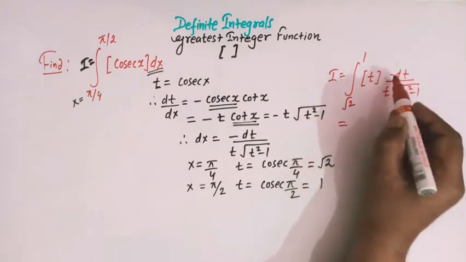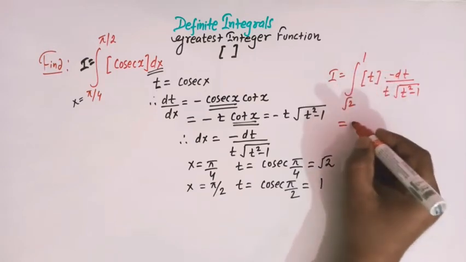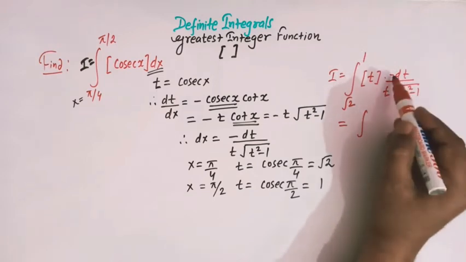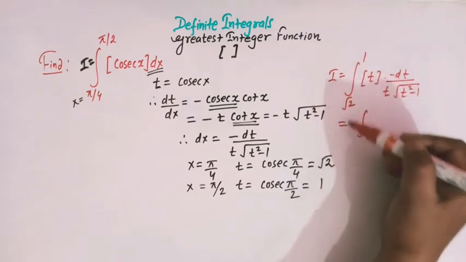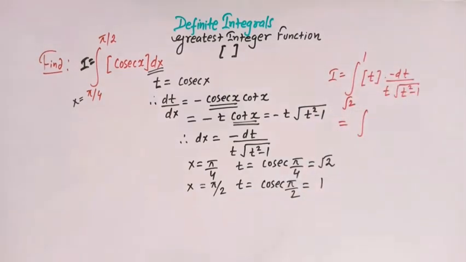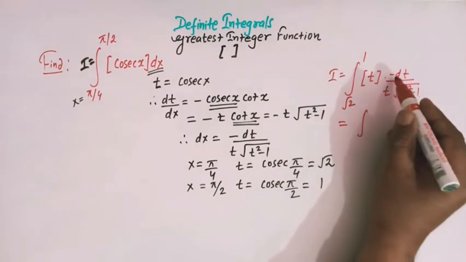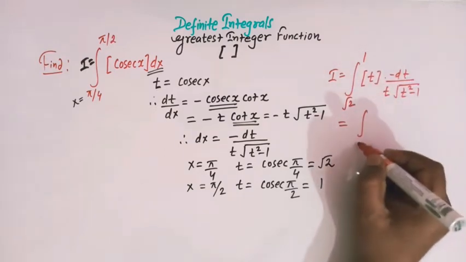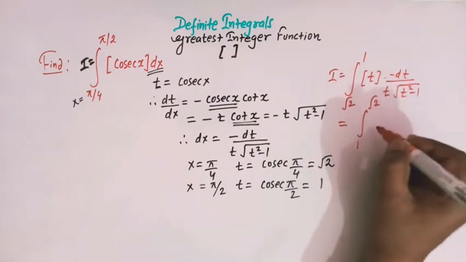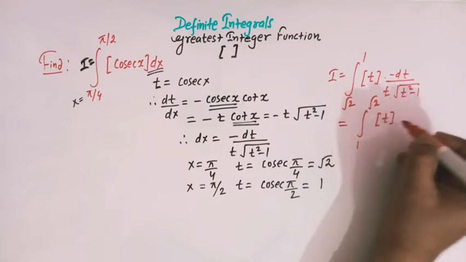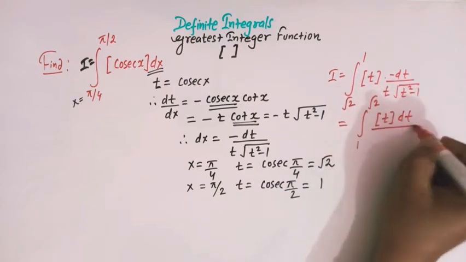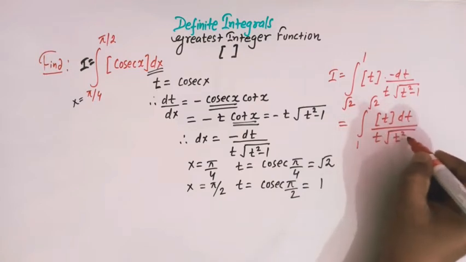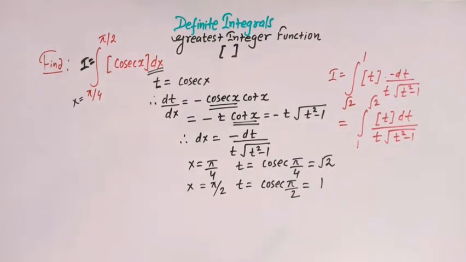Now we can take this negative sign outside, or we can interchange the limits, so the negative sign is removed. So we have the integral from 1 to root 2 of greatest integer t dt, and in the denominator we have t and square root of t square minus 1.